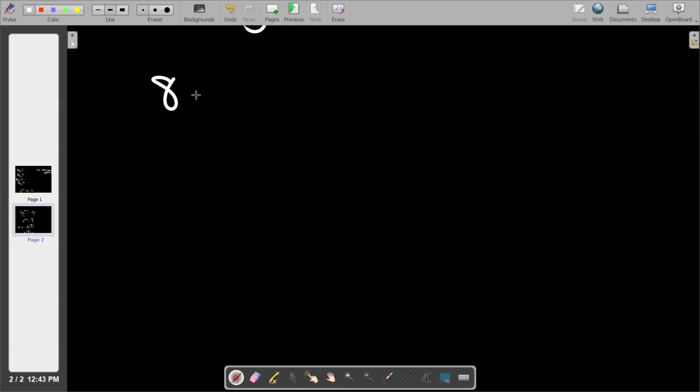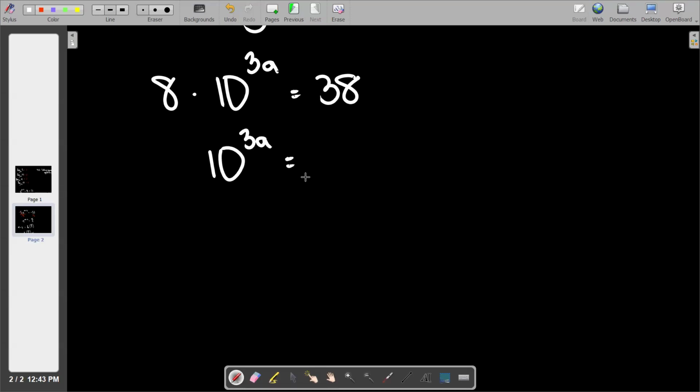So we have 8 times 10 to the power of 3a equals 38. And what do we do? Divide by 8, which is going to give us 10 to the power of 3a equals what? 19 fourths. Very good. And that's another one where if you put 4.75, no harm, no foul. It's a perfect decimal also.